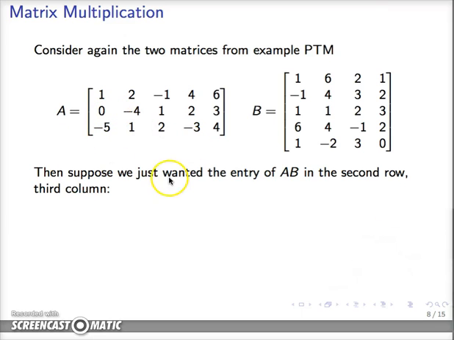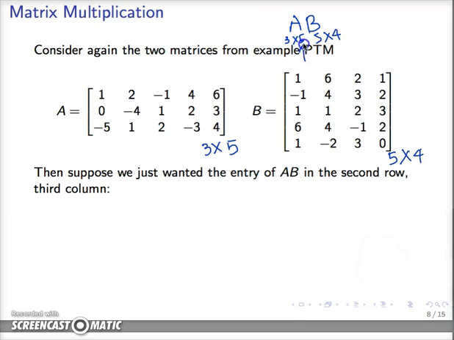So we can take a look at these two matrices, check the dimensions. Is it possible to multiply them? Well, matrix A has 3 rows and 5 columns. Matrix B has 5 rows and 4 columns. So the product AB, A on the left, B on the right, we're talking about a 3 by 5 multiplying a 5 by 4.